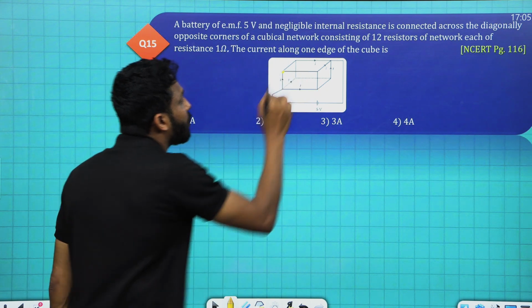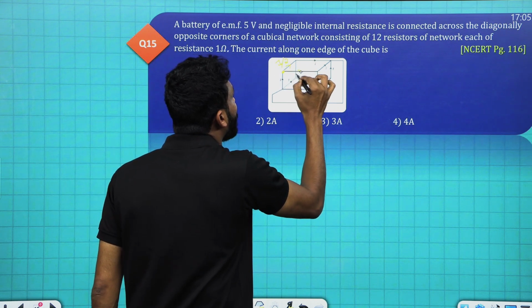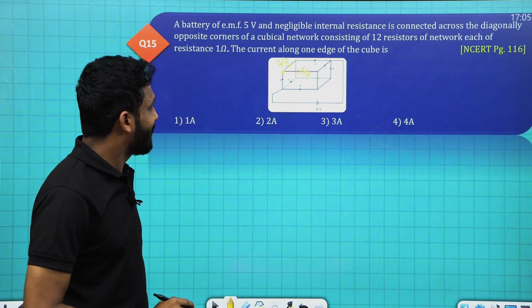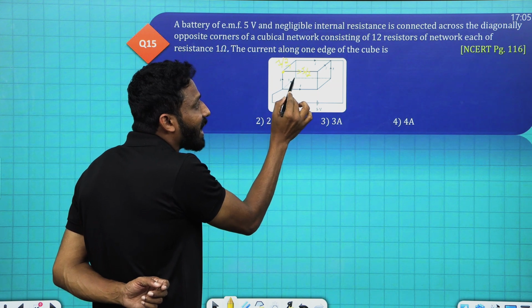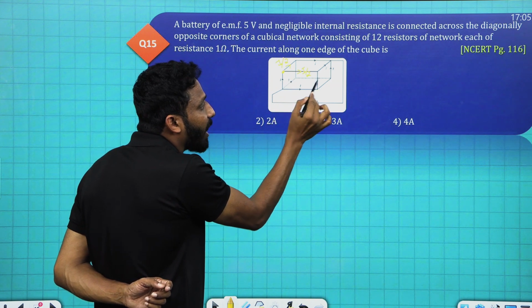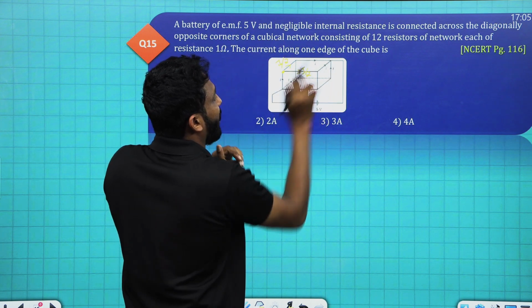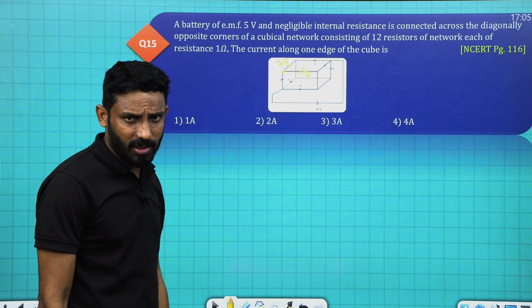In this resistor the current will be I by 2, and in this resistor also I by 2. At the other junction, I by 2 and I by 2 join, forming I. That is the way. I think you understood it.